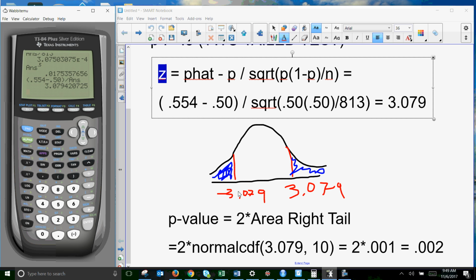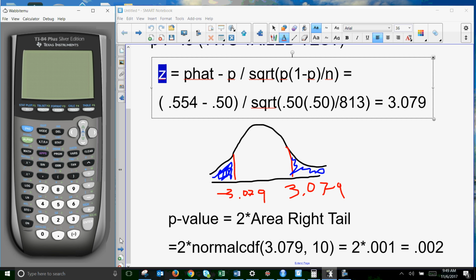Again, two-tailed test, so it's symmetric. So negative 3.079 is the lower one. And we want to find the p-value, which is going to be the area in both these tails. Because it's symmetric, we can take 2 times the area that's in the right tail. In our calculator, we could put in normal CDF. Let's just see how we do that.